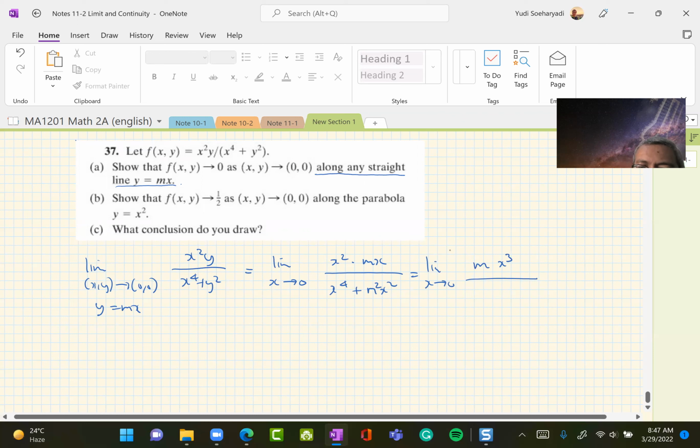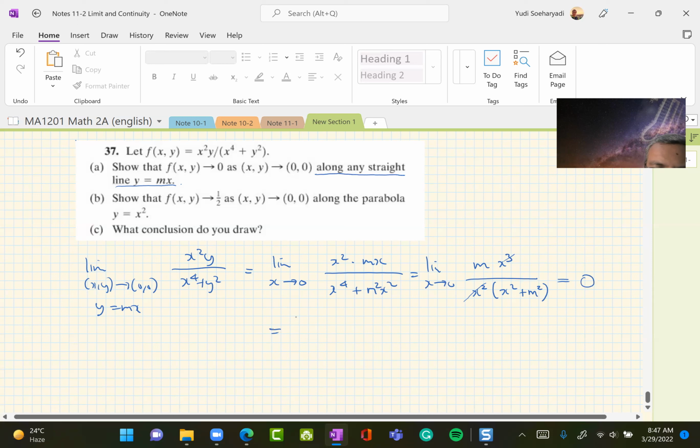Here you have x squared, factor x squared out, x squared plus... So you see this cancels, this is just x, because of this x, this limit is just 0.